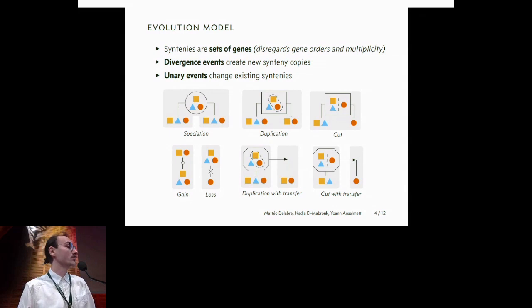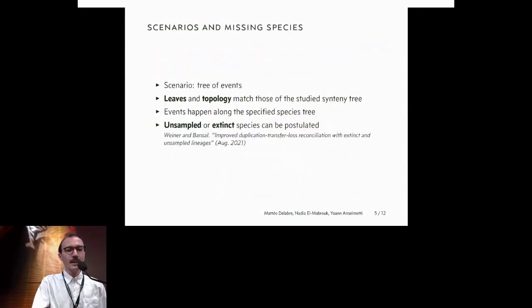It's making a lot of simplifying assumptions, but this is helpful to make the underlying algorithmic problem tractable, as I mentioned. Using these events, we can build trees of events, which we call scenarios.